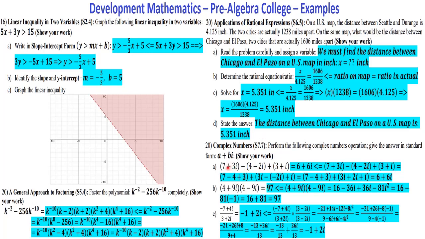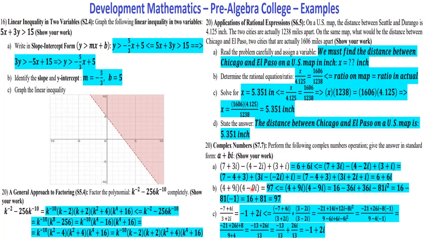Then I have here complex numbers, addition of complex numbers. Simply add the real parts and add the imaginary parts. So 7 minus 4 plus 3 will give you 6. Then 3i minus 2i is i, and i plus 5i is 6i. Okay. Then multiplication: you multiply two complex numbers.